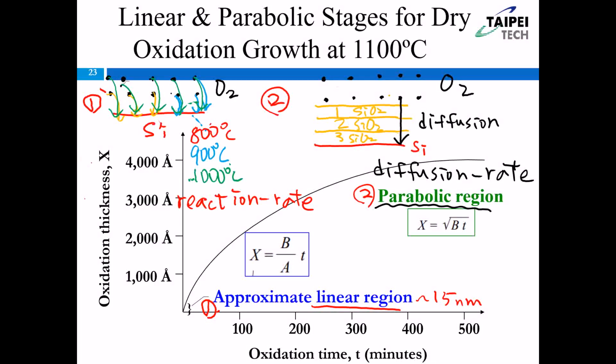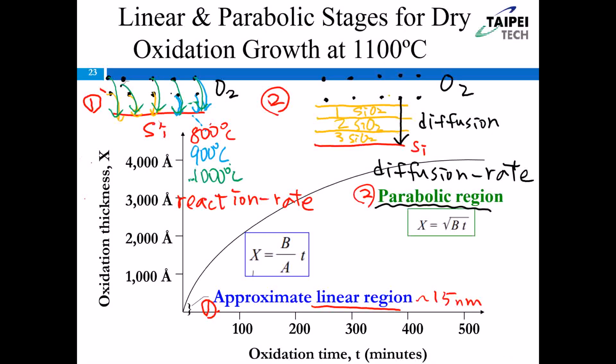Okay, so for the second stage, you see, why do we write down the diffusion rate? Because we know the oxygen or water must diffuse through all of this oxide layer. Then the oxygen can react with the silicon surface, right? So when we talk about diffusion rate, it means we don't have enough oxygen, okay?